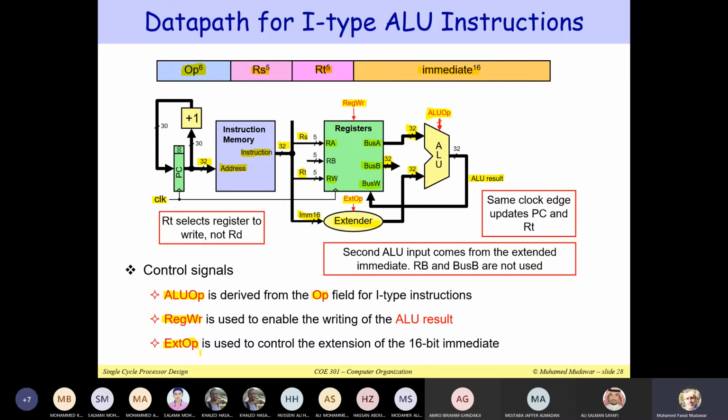In the case of the R-type AND or the immediate-type AND immediate, in both cases the ALU will do the same operation, which is just ANDing. The difference is whether the second input to the ALU is the value of register RT or the immediate constant. Is it the immediate as the second ALU input, or is it the value of a second source register? That's the only difference between the R-type and the immediate type.